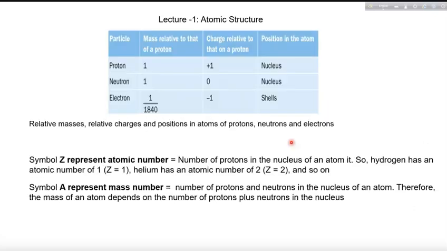In this slide, you see the relative mass, charge, and position of these fundamental particles in atoms.